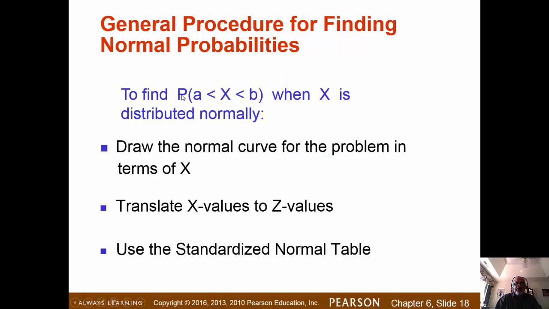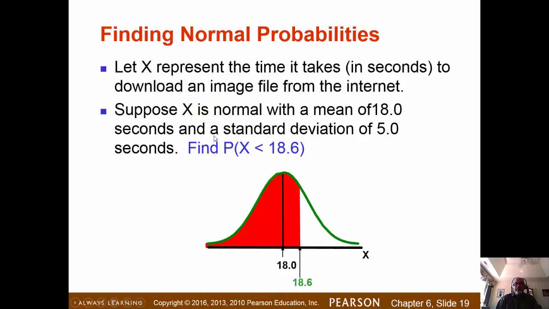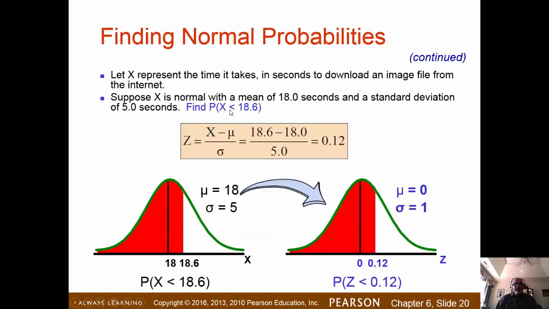Now for the probability that x is between a and b, you convert a into z and convert b into z, so you'll have two z's, and then you use the standardized normal table with those z's instead of x's. So here, find the probability of x less than or equal to 18.6, with mean 18 and standard deviation 5. The first step is to convert x into z. 18.6 minus 18 divided by 5 gives you 0.12.